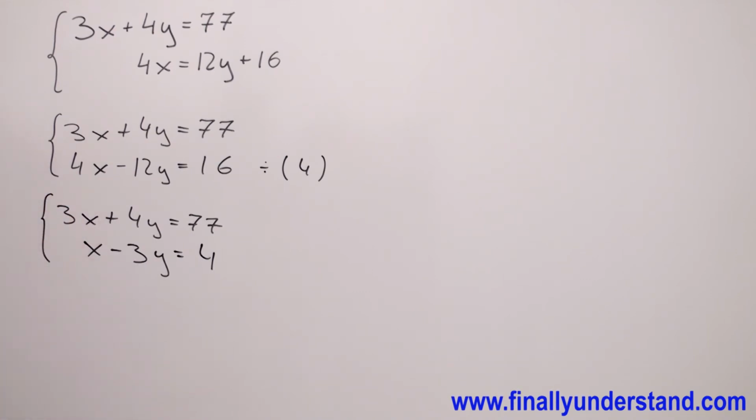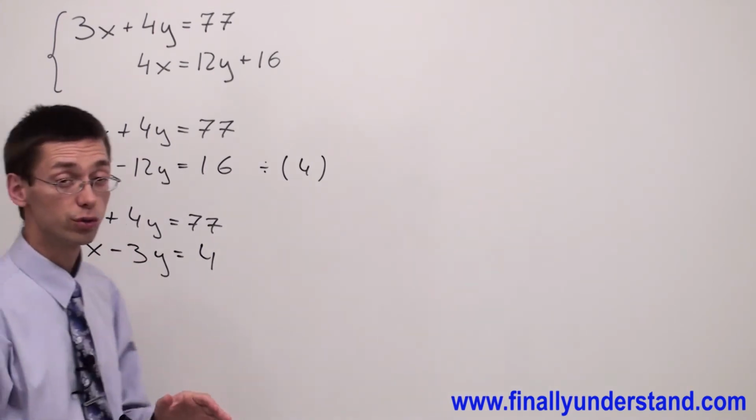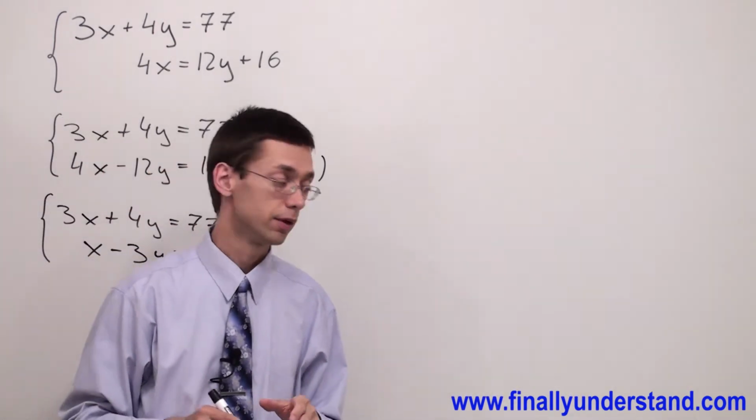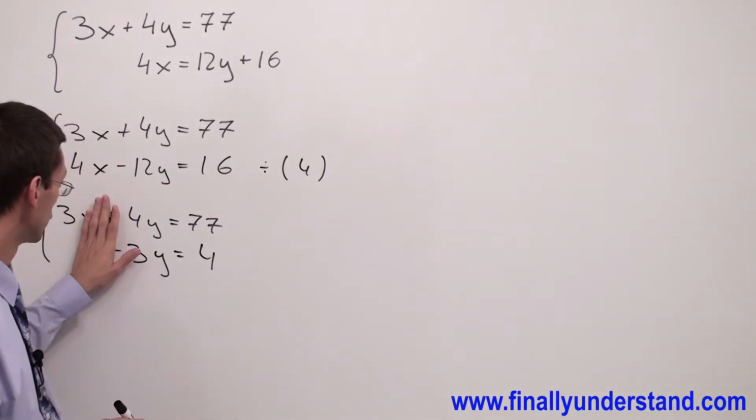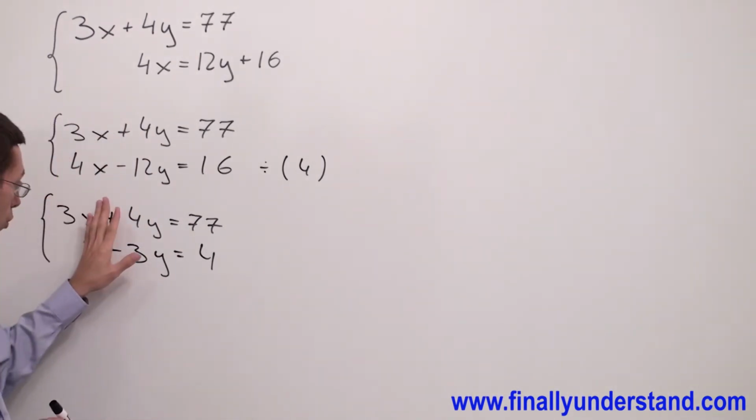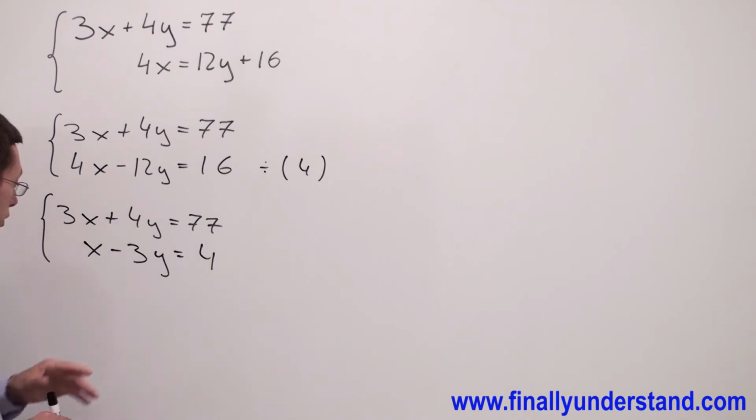Now we're supposed to look again at the coefficients. We have 3 and an invisible 1. I have 4 and negative 3. We want to have the same values of the coefficients next to x or y and different signs.